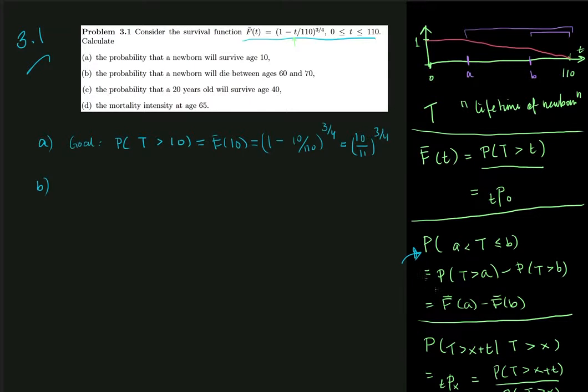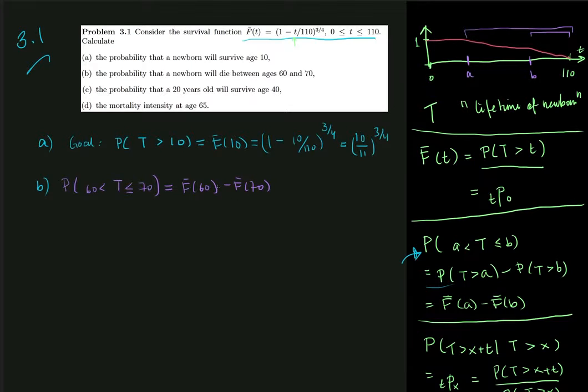And we can do that by using this formula here. So let's try to write that up. We want to find the probability that T is greater than 60 but less than 70. And this is equal to the survival function evaluated in 60 minus the survival function evaluated in 70.